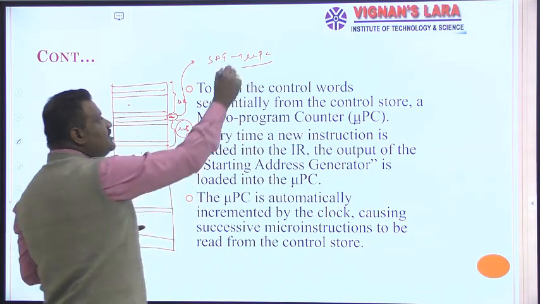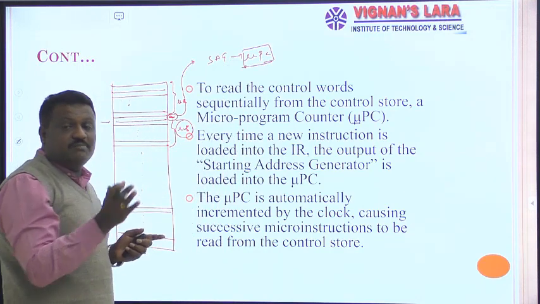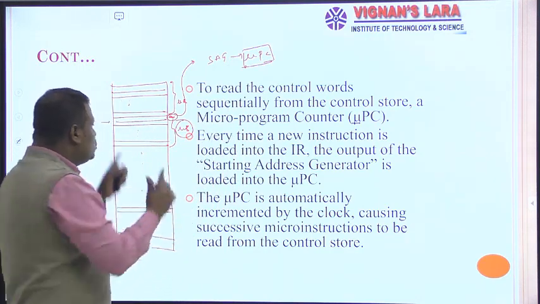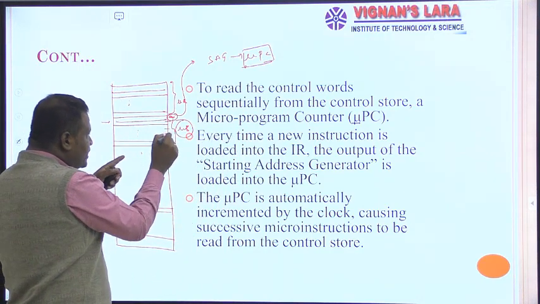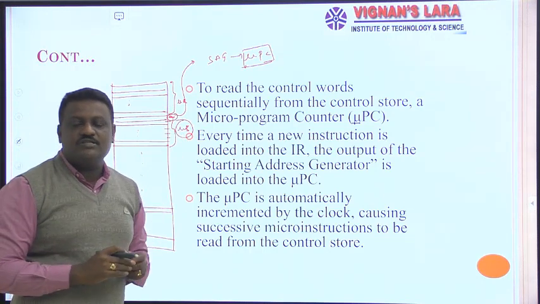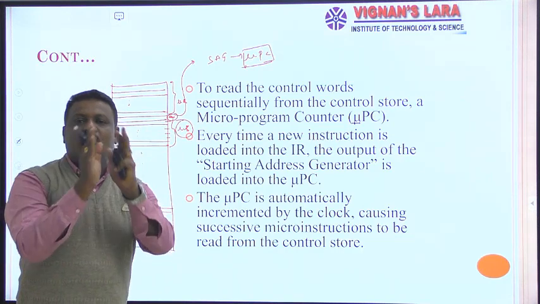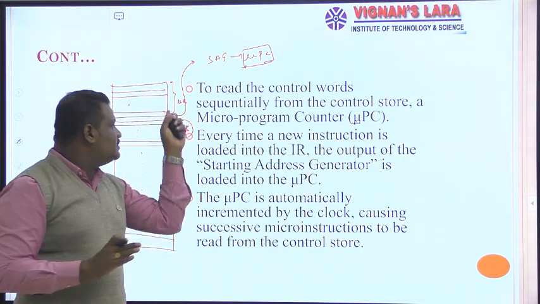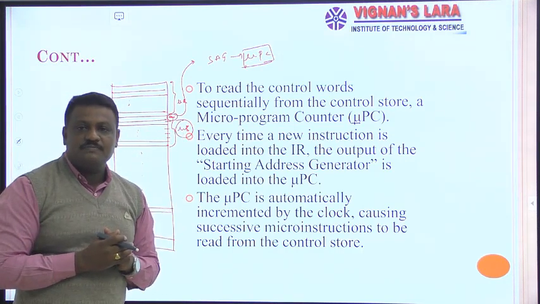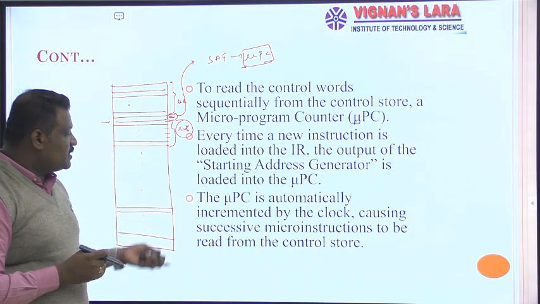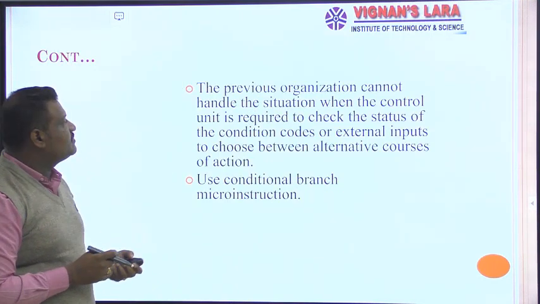Automatically this microprogram counter is incremented with reference to the clock to read the next micro instructions or control words from my control store, which contains these micro routines. That is the meaning of this. So automatically it will be incremented.